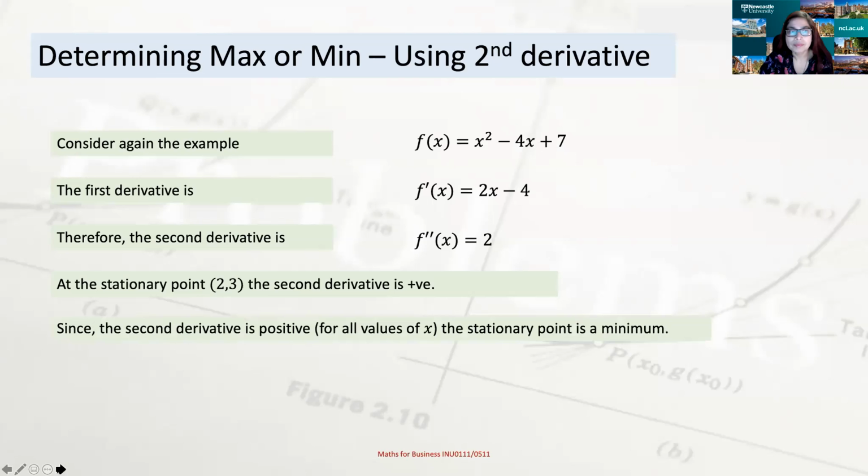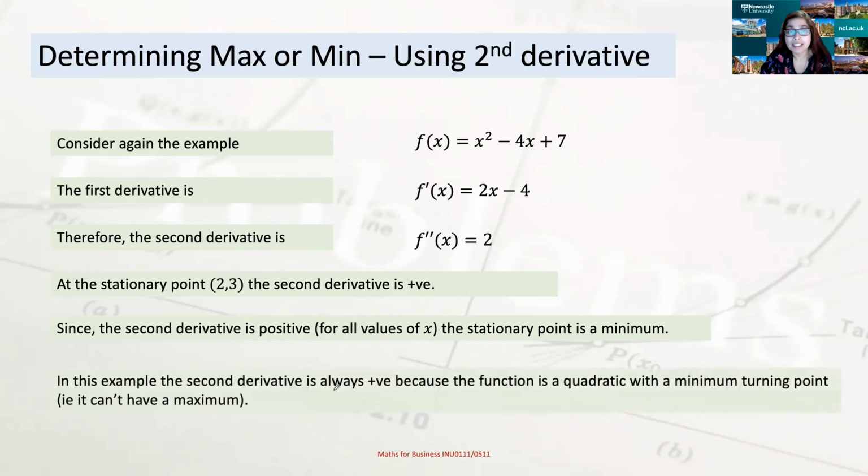Since the second derivative is positive for all values of x, the stationary point is going to be a minimum. In this example the second derivative is always positive because the function is quadratic and a is positive, a is 1. That is why it always has a minimum turning point.